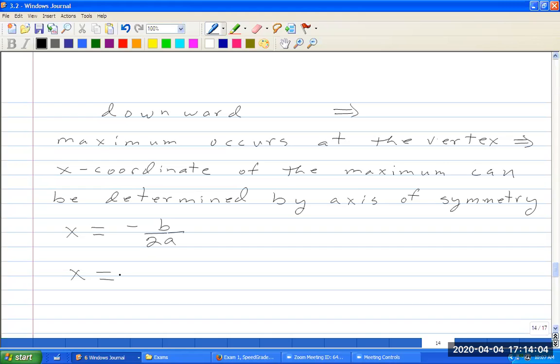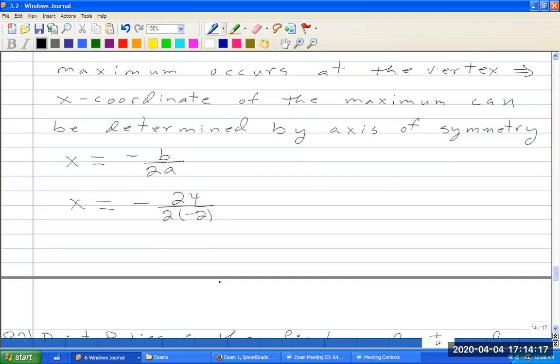So in this case, b is 24 and a is negative 2. Negative divided by negative is positive.